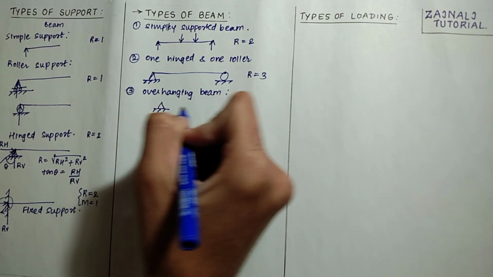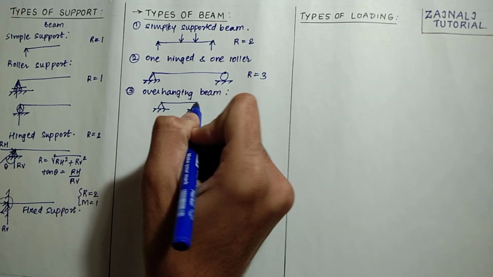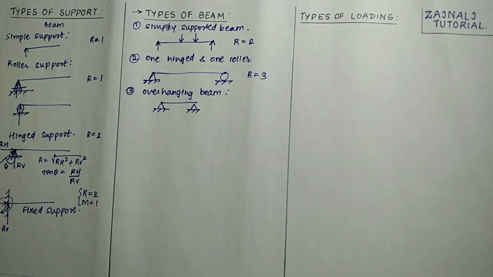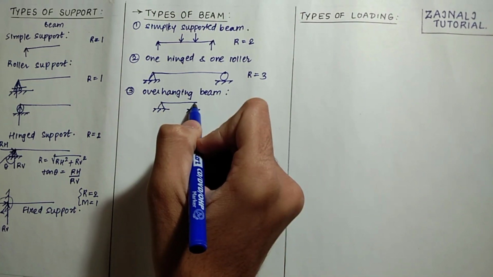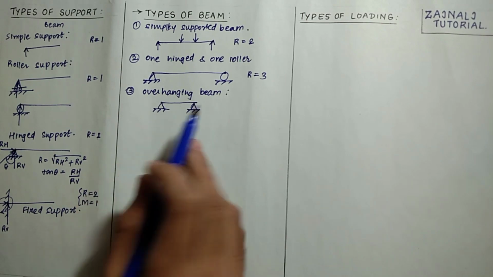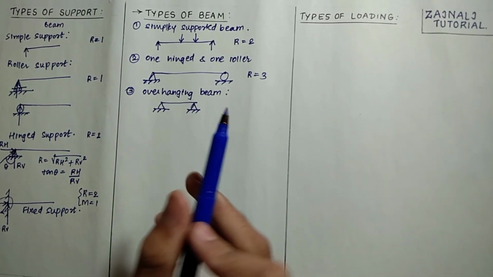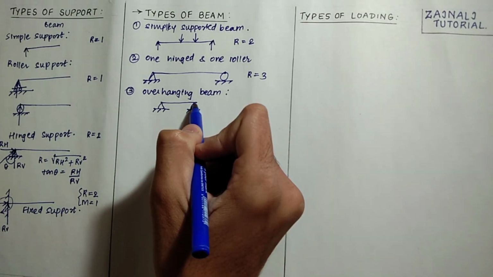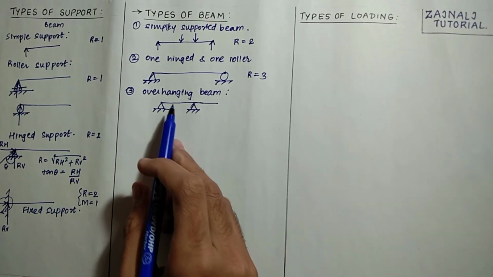We have two hinge supports. Now, what is an overhanging beam? We know that if the beam does not project beyond the supports, the length of the beam is equal to the distance between the two supports. But if the beam is projecting beyond the support like this, then such a beam is regarded as an overhanging beam.